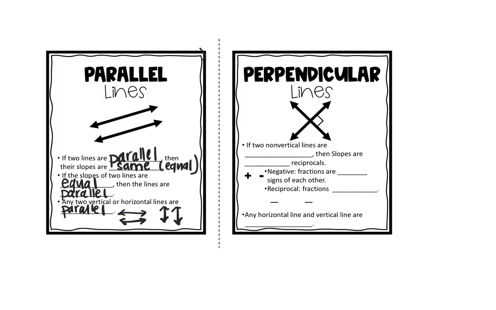Okay, perpendicular lines, some definitions for this one. If two non-vertical lines are perpendicular, then the slopes are negative reciprocals.